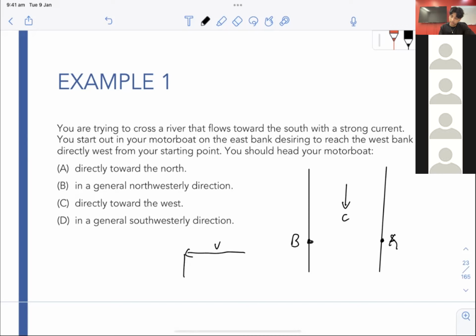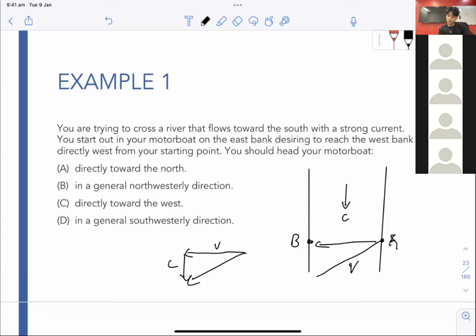We add up these vectors head to tail, and we can see that our resultant motion is not straight across from A to B. It's going to be more like this. This is our resultant vector. If we just head out in this direction, we're not going to get where we want to, so we've got to give it a bit of an angle and figure out which way we'll land then.